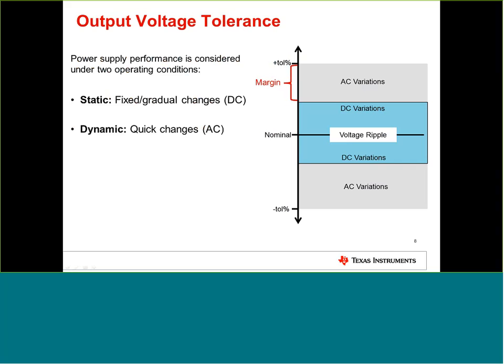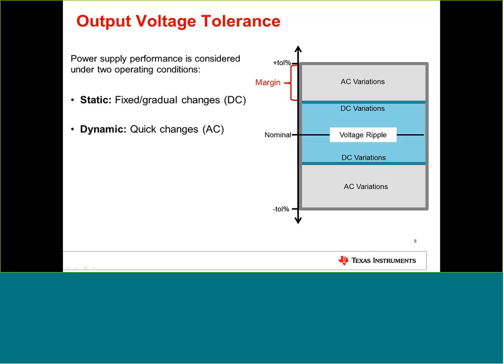On the next slide, we now have more details about the voltage tolerances. The power supply performance consists, let's say, of two different operating conditions. The first one is a static one. We can see it here in the middle. So we have the nominal output voltage. On this nominal output voltage we have the voltage ripple of the DC-DC converter. And here we have, let's say, fixed or gradual changes. These are the DC variations of the DC-DC converter. Besides that, we have the dynamic changes.